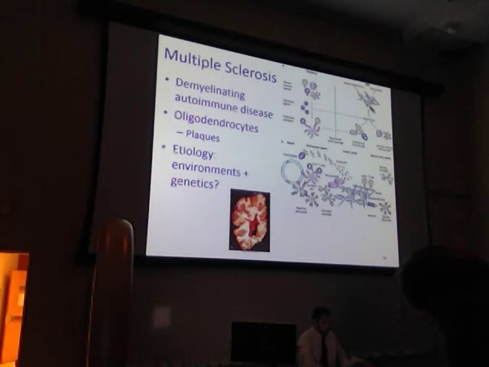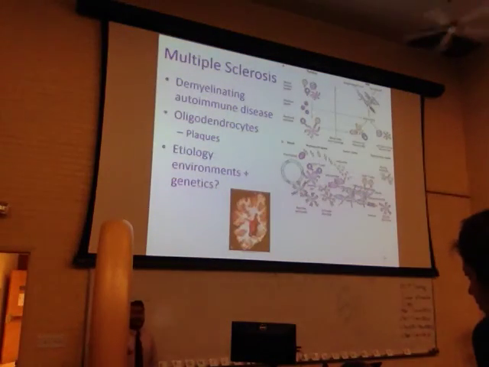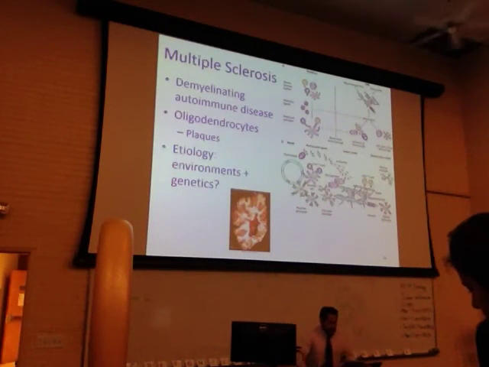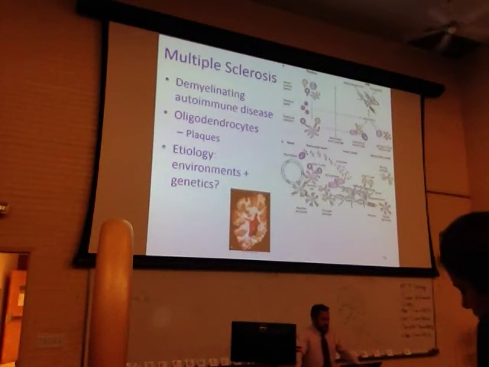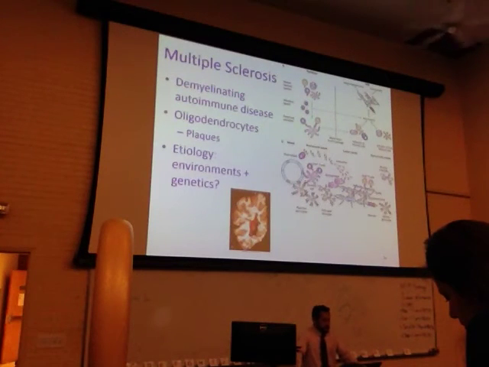Now, some of the interesting facts that we've learned these days is that MS is actually much more prevalent in certain parts of the world. Certain parts of the world that get very little sunlight seem to have higher incidences of multiple sclerosis. So the data does suggest that there may be some environmental sensitivity or trigger that we don't really understand all that well.